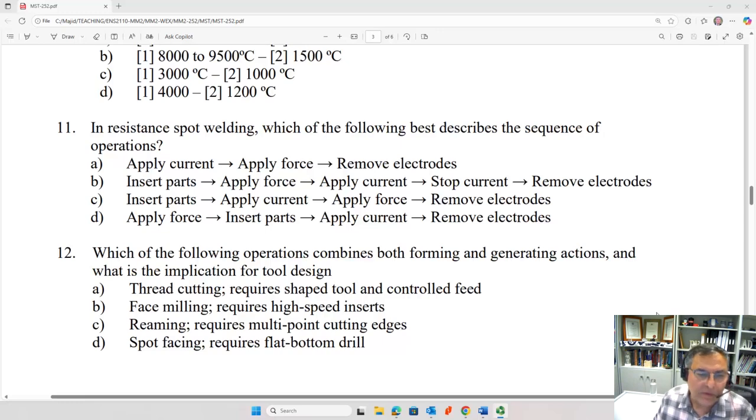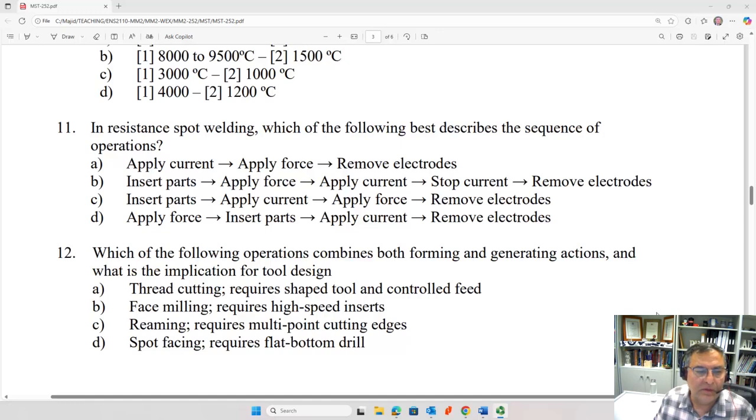This is correct because it's the tip of the cutting tool which is cutting the material, and also the feed trajectory is left on the workpiece material, which is giving us a spiral thread. So A is correct.